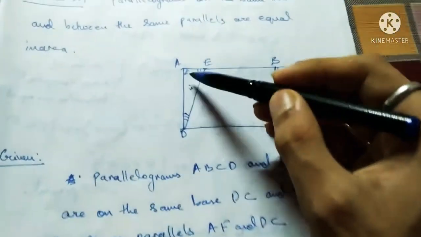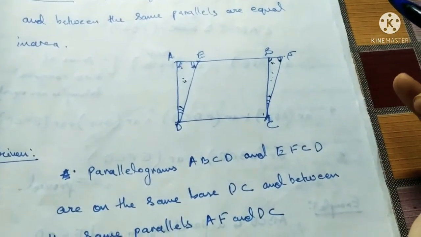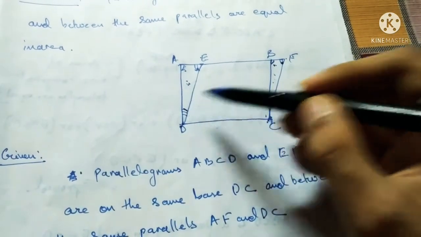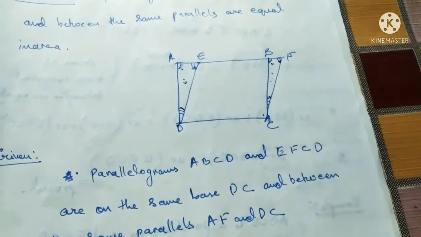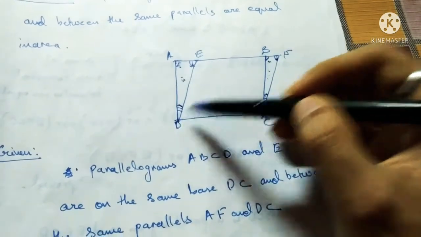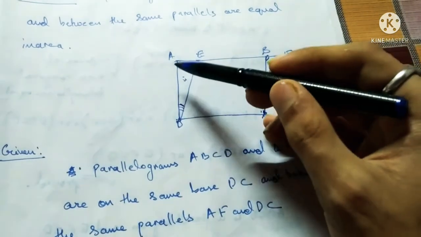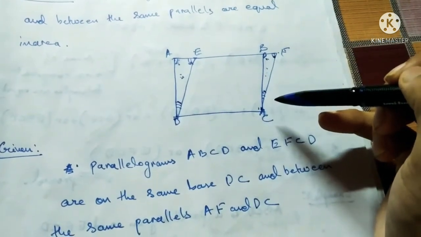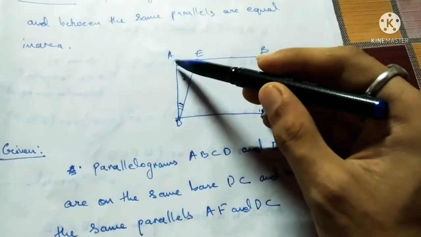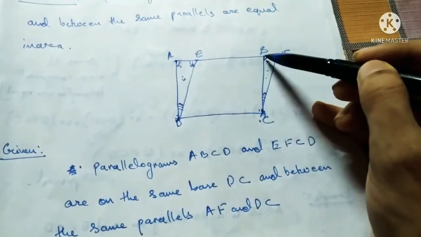The first equality I will take as equation 1, and the second as equation 2. Then I will say that AD is equal to BC, because in a parallelogram opposite sides are parallel and they are also equal. So in parallelogram ABCD, AD is equal to BC.